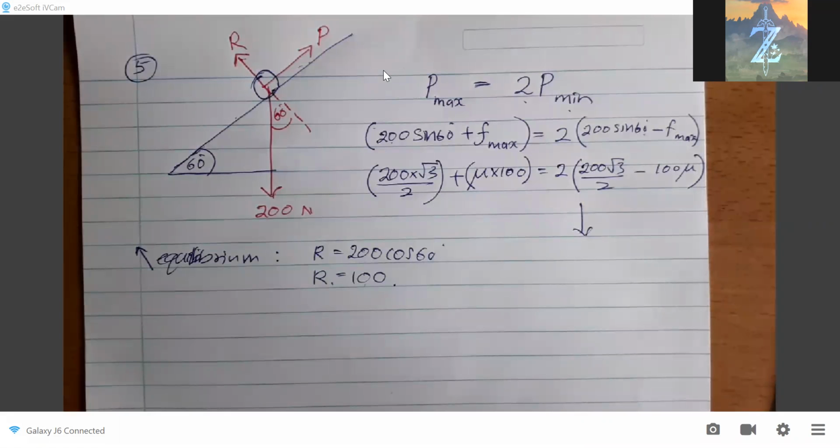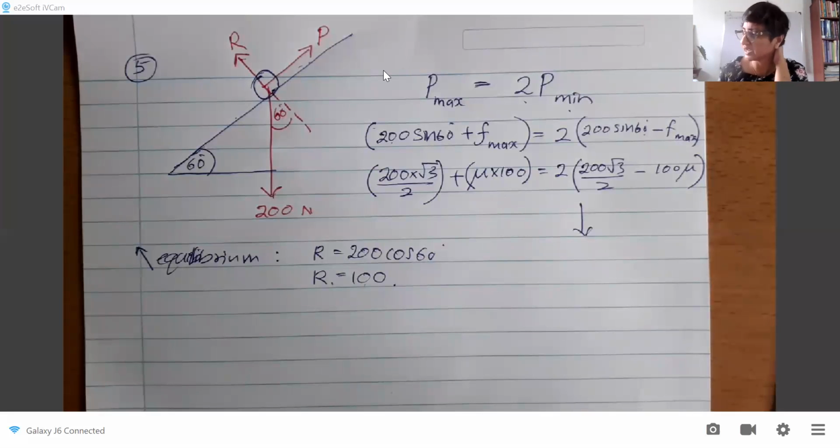I have done correctly so far, but after that I have done the biggest mistake. That means instead of leaving them exactly the way they are, I turned them into decimals. So how many times have I told you that if you turn this into decimals, you are not going to get the exact answer.